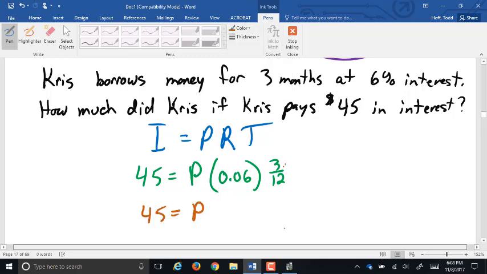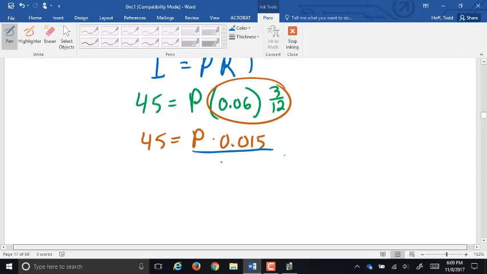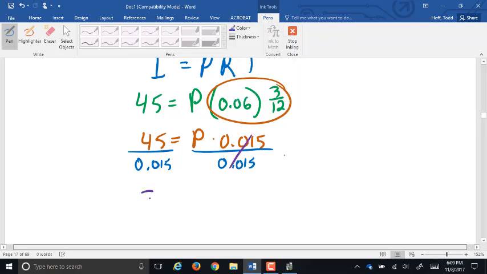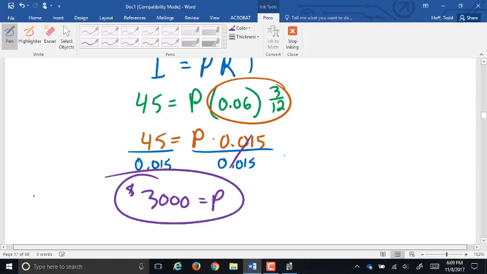So we combine 0.06 times 3/12, 0.015, and then divide by 0.015, and you are correct. We get a principal of $3,000. What do you think? Better than a sharp stick in the eye?